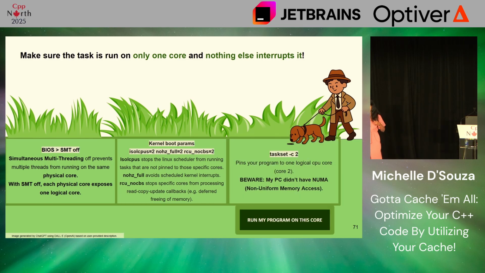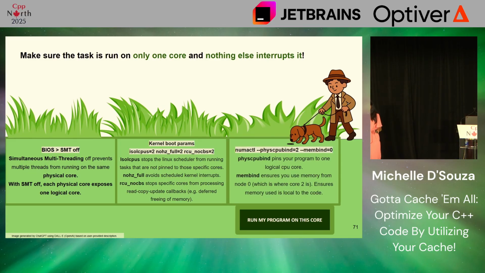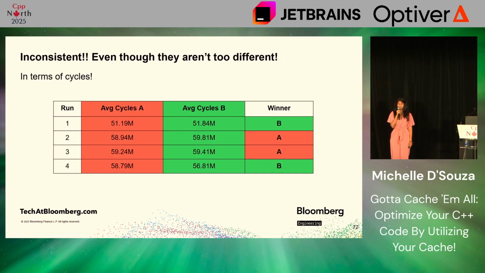I also used taskset to pin my program to run on a specific core. And I didn't have non-uniform memory access, NUMA, on my PC, but if you do on yours, which means you have a really high-end desktop or maybe a server, you would do something like that instead. And even with that, it was inconsistent. Oh, the pain, the suffering.